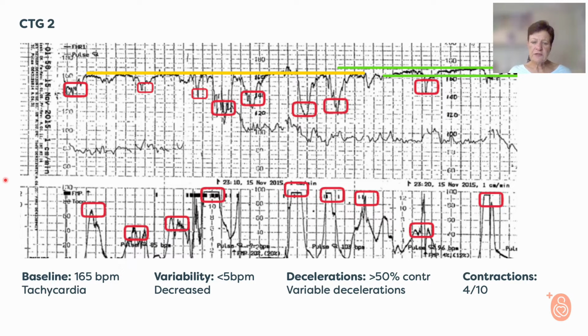To summarize what we saw on this slide: our baseline is abnormal, it's 165, so we have tachycardia, or at least borderline tachycardia, and we have reduced variability because our variability is less than 5 beats per minute. We have some decelerations here, and we will talk about them in more detail on the next slide. And then we have more or less 4 contractions in 10 minutes.